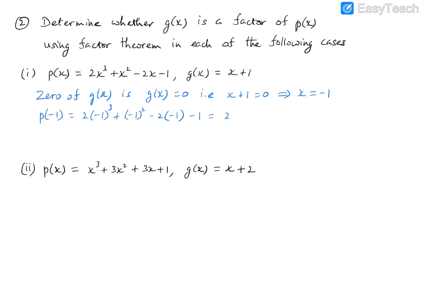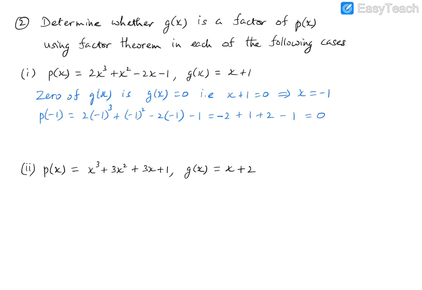2 into minus 1 cube is minus 1. So minus 1 into 2 will be minus 2 plus minus 1 square is 1. Minus 2 into minus 1 will become plus 2, and then we have a final minus 1. So we have minus 2 plus 2, which is 0, and plus 1 and minus 1 is 0.